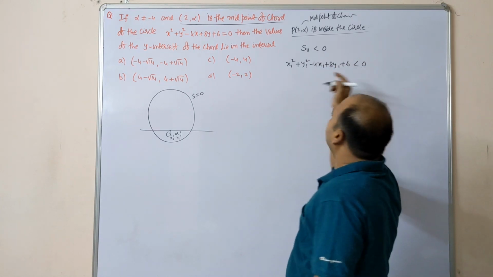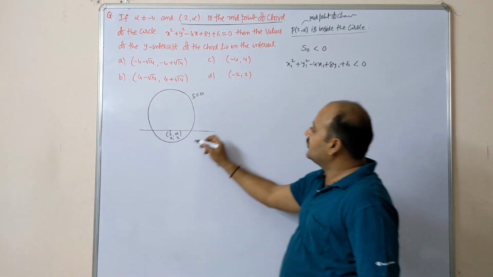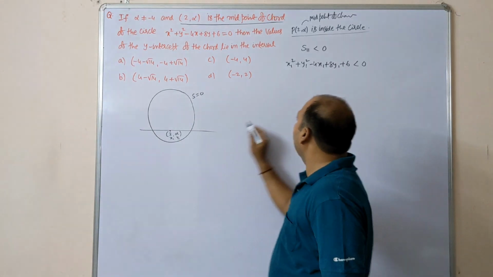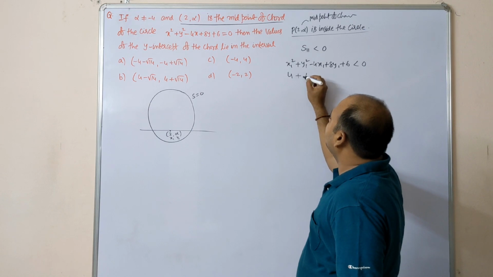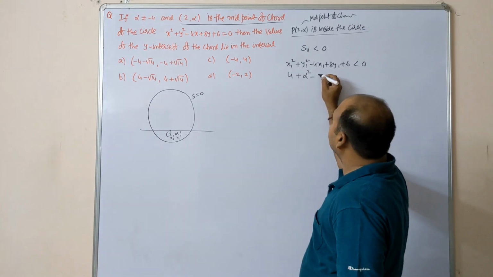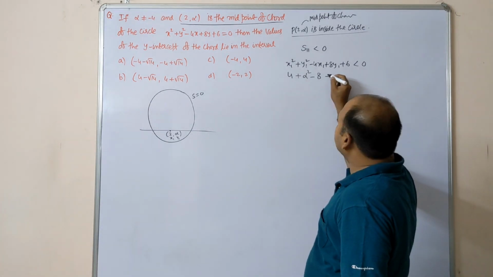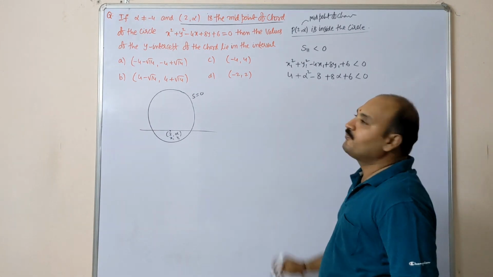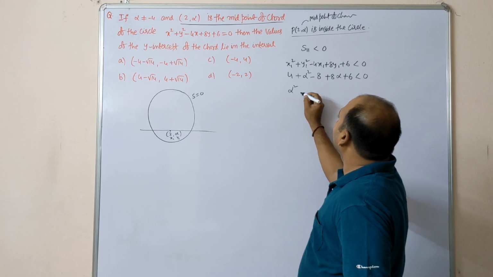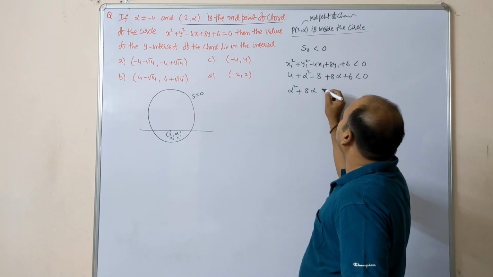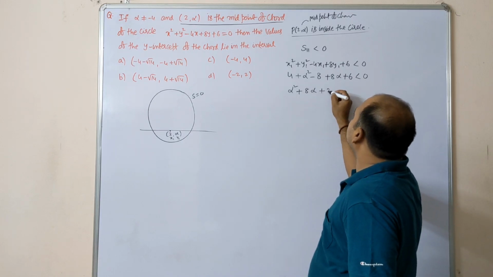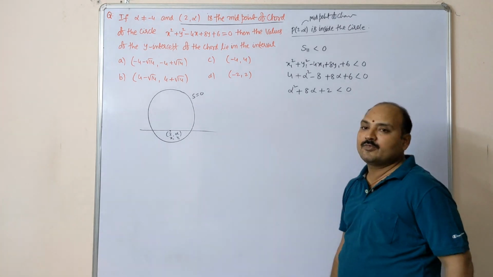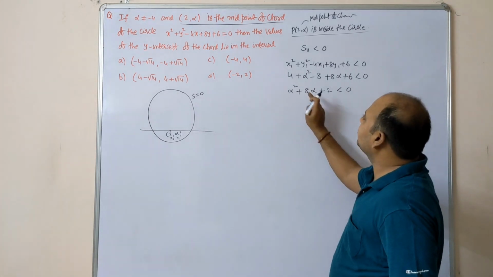In place of x and y, substitute (2, alpha). 4 plus alpha square minus 4 into 2, that is 8, plus 8 alpha plus 6 is less than 0. So alpha square plus 8 alpha plus 10 minus 8 plus 2 is less than 0. Factorization is not possible here.